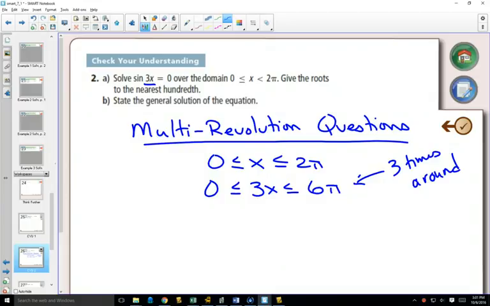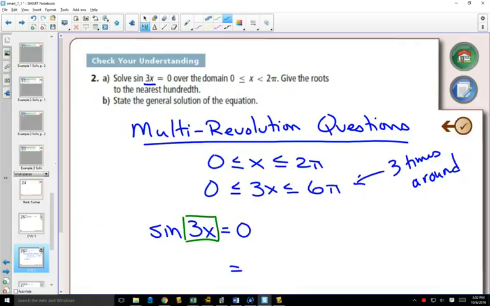So how do we solve multi-revolution questions? Because this question is, I have sine 3x equals 0. Well, we solve it like normal. We just sort of imagine instead of a 3x, what would we do if this was sine theta equals 0? Well, you would say, that's on my pi plate.